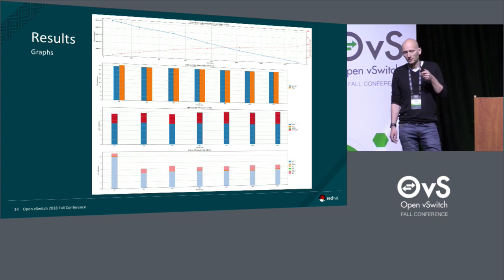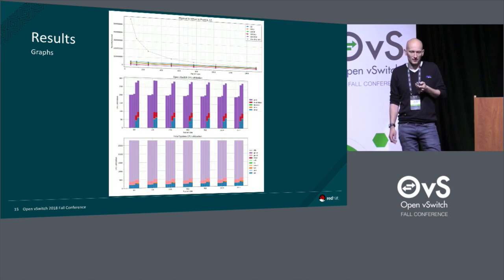The red one is a graph on the utilization of the actual link. And then the 3 graphs below are CPU utilization. The first one is the PMDs and guest. The second one is all the different threads for OVS itself. And then the bottom one is for the remaining CPU, so basically it's the Linux type CPU division.